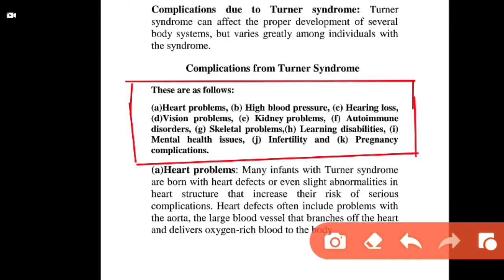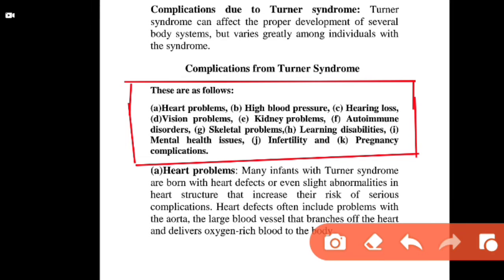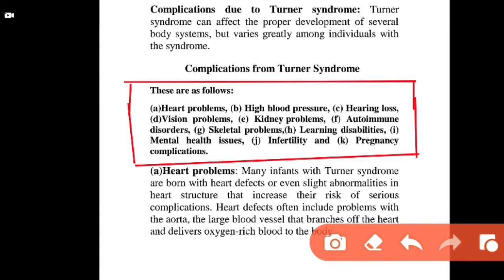First is heart problems, second is high blood pressure, third is hearing loss, fourth is vision problems, fifth is kidney problems, sixth is autoimmune disorders, seventh is skeletal problems, eighth is learning disabilities, ninth is mental health issues, 10th is infertility, and 11th is pregnancy complications.